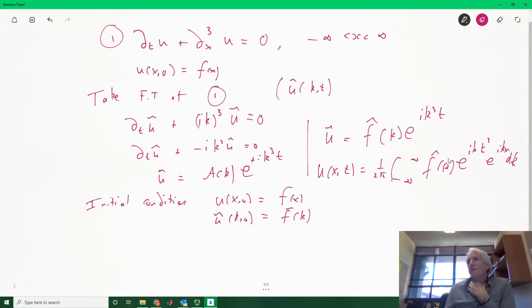But this formula is not a heck of a lot of use, and we're not going to be able to evaluate this integral. What we've got is this amazing thing called the fast Fourier transform, which essentially allows us to take a function, Fourier transform it, then we can multiply by e to the i k cubed t and inverse Fourier transform, and all that can be done really quickly.